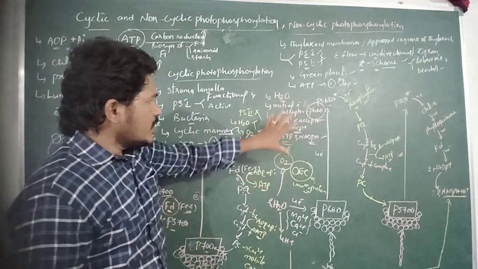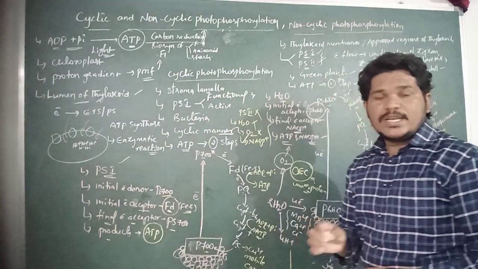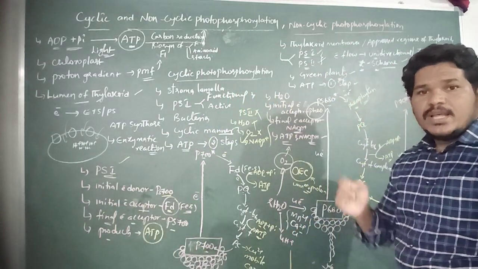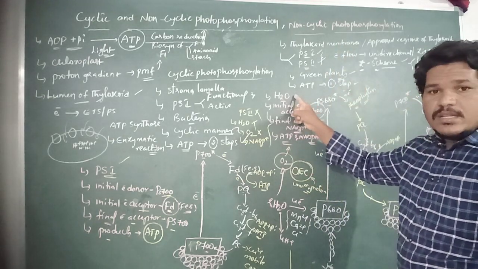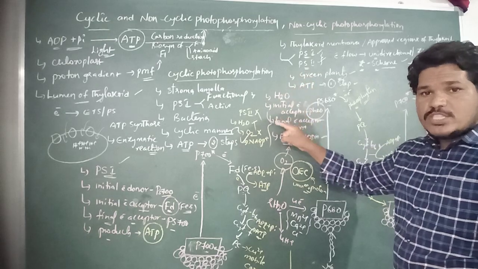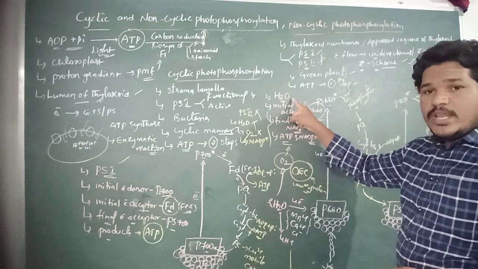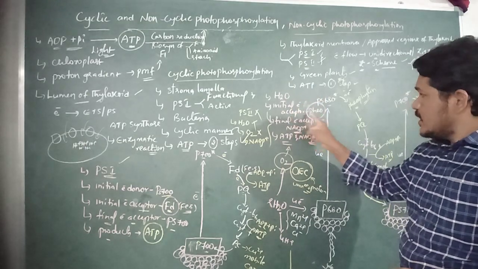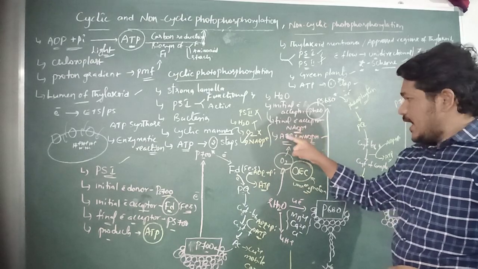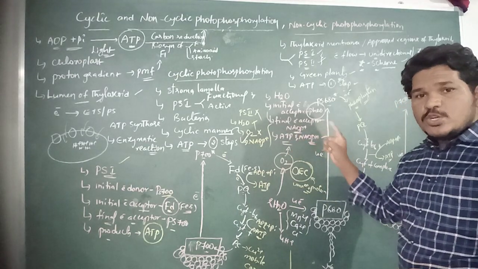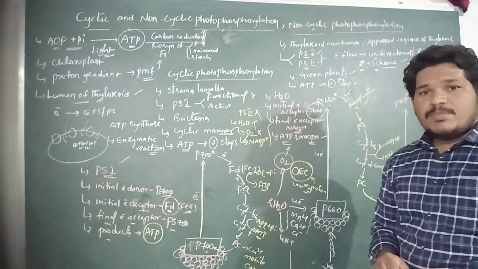So here these are the 4 important points related to the non-cyclic photophosphorylation. We should remember that the involved photosystems are 1 and 2, the initial electron donor is the water molecule, the initial electron acceptor is pheophytin, the final electron acceptor is NADP plus, and the produced products are ATP and NADPH.